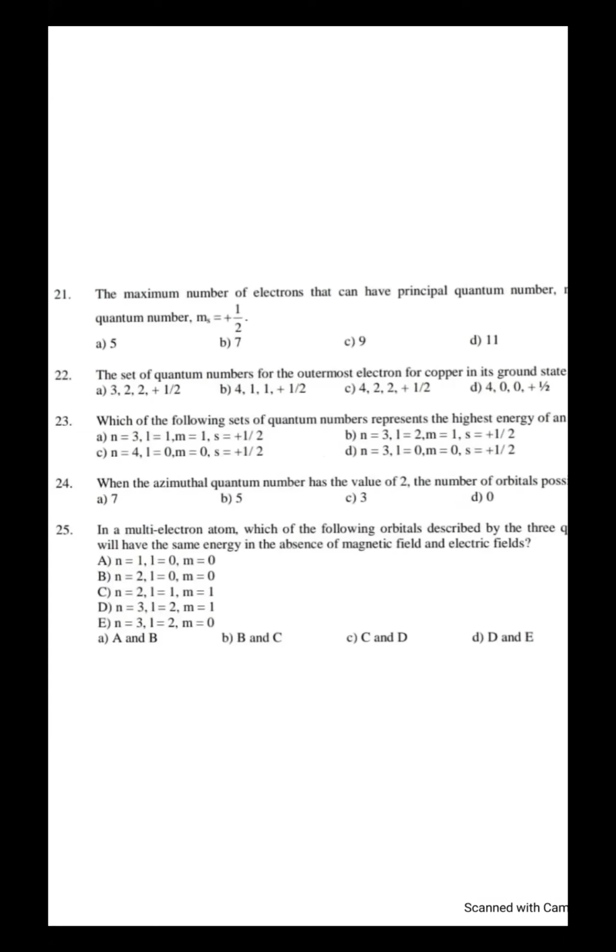The outermost electron of copper is 4s1. So n equal to 4, and because this is an s subshell, l would be 0, m would be minus 0 to plus 0, that is 0. s may be plus half or minus half. So given is plus half, no need to worry. So option D is correct.